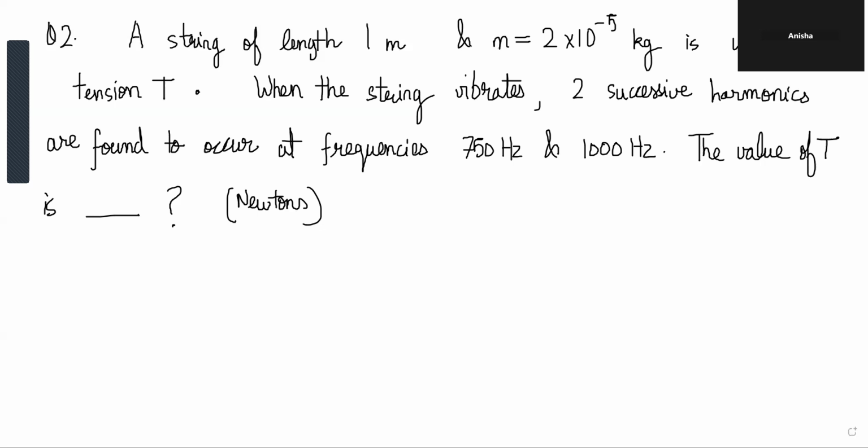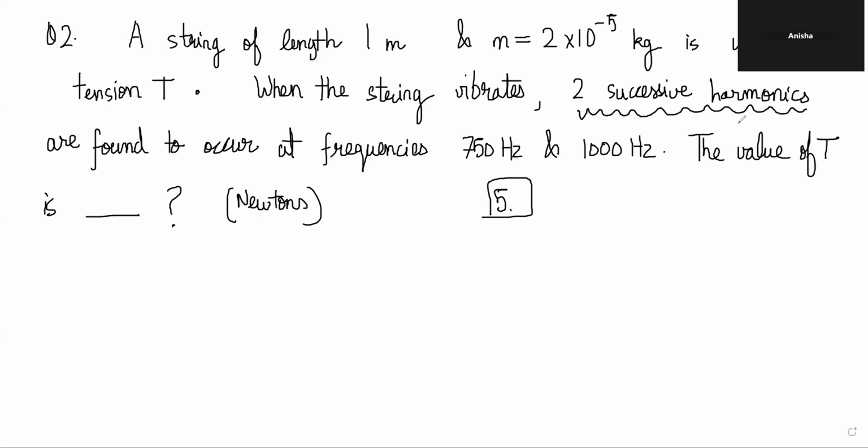Sir, 50. No, 1 second. Five, five. So basically, you have to realize that because it is two successive harmonics, it cannot be a string fixed at one end only, right? Yes, sir.